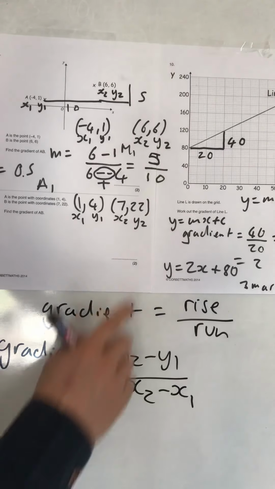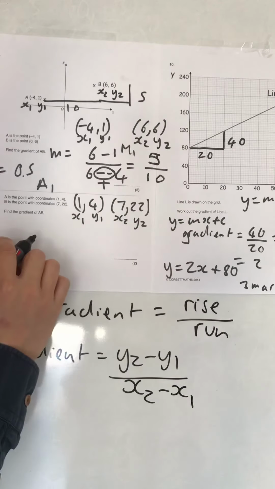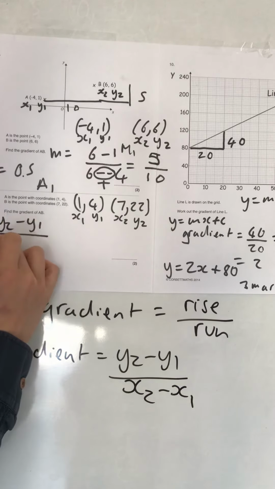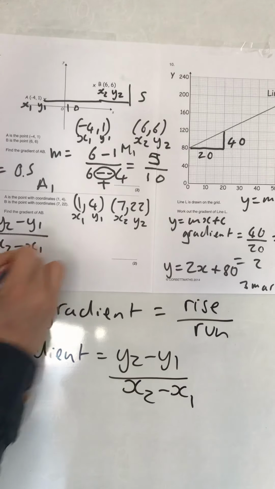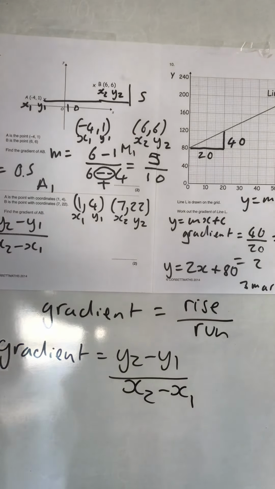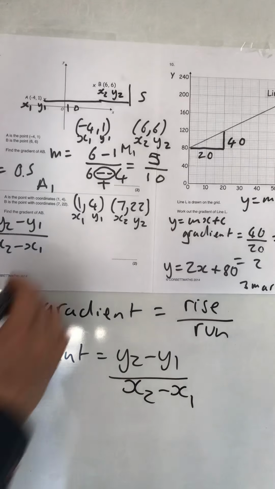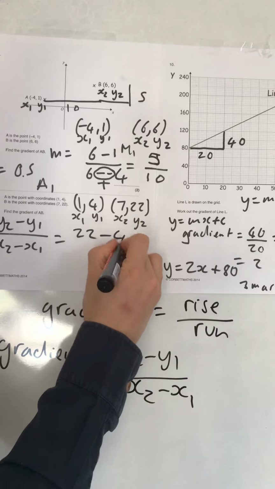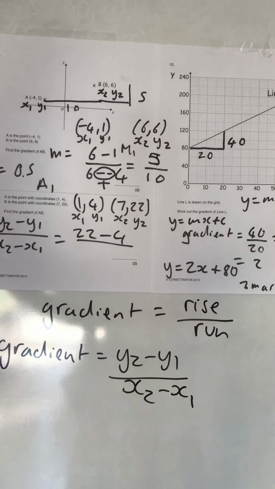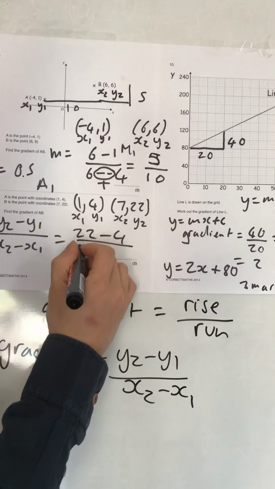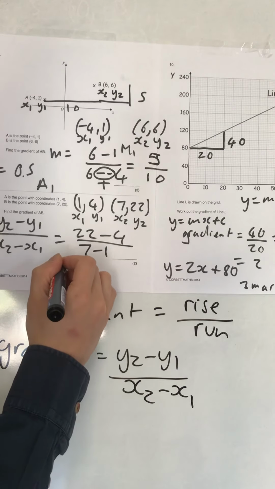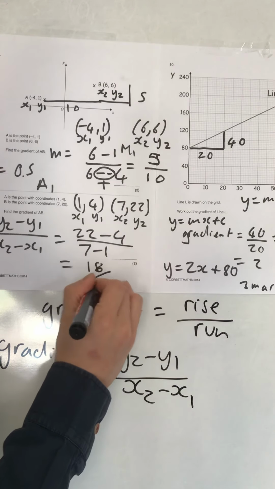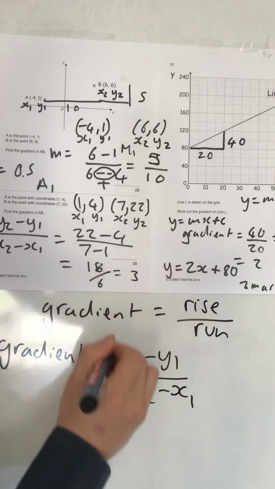So we just use y2 minus y1. y2 is 22 minus y1, which is 4, all over x2, 7 take away 1, which will equal 18 over 6. So in this instance the gradient equals 3.